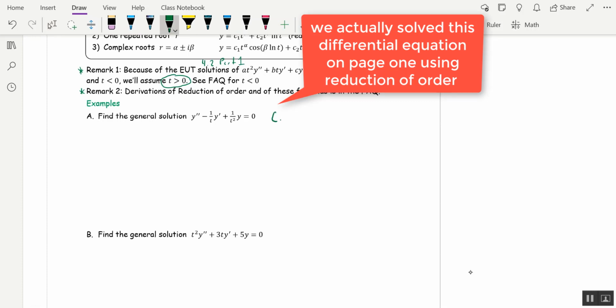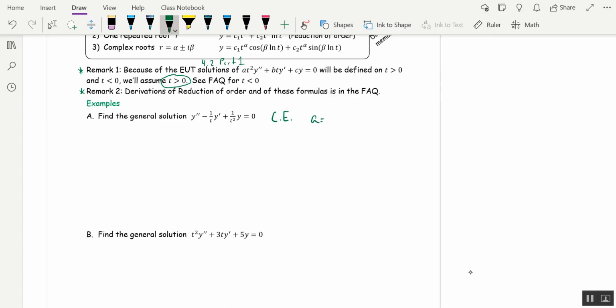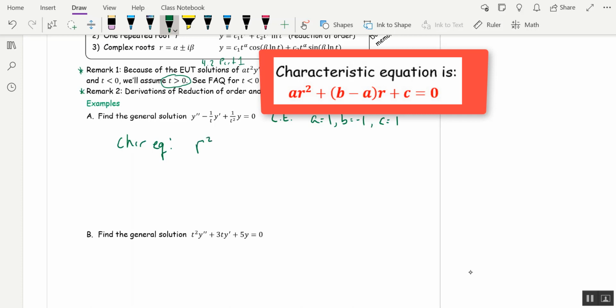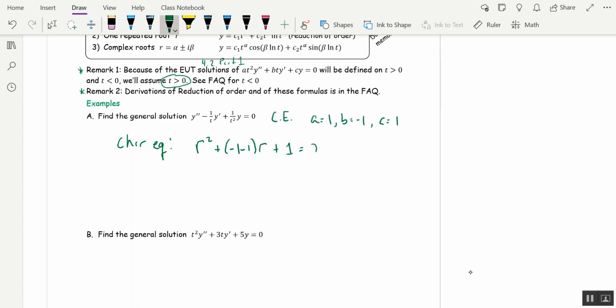So it's Cauchy-Euler, and A is 1, B is -1, and C is 1. And so my characteristic equation is r squared plus (b minus a), -1 minus 1, times r, plus c, which is 1, equals 0. So that's r squared minus 2r plus 1 is 0.